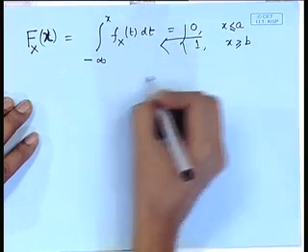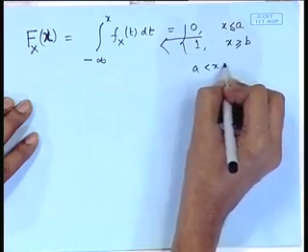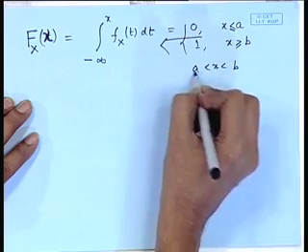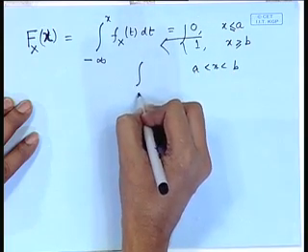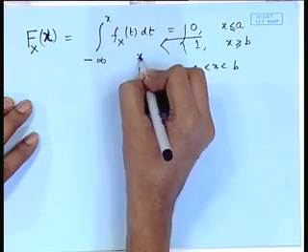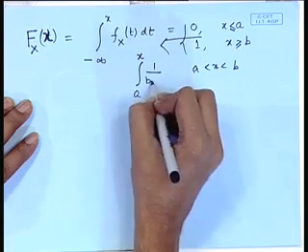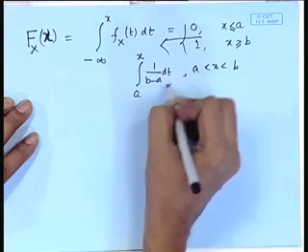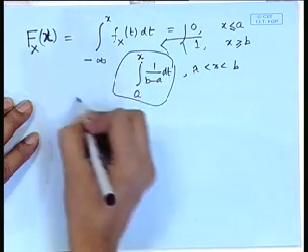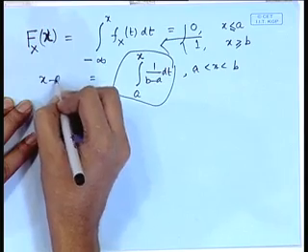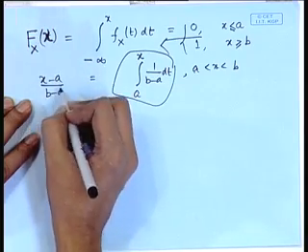However, if I am considering x to be between a and b, then it is integral from a to x of 1 by b minus a dt, and this value is equal to x minus a by b minus a.